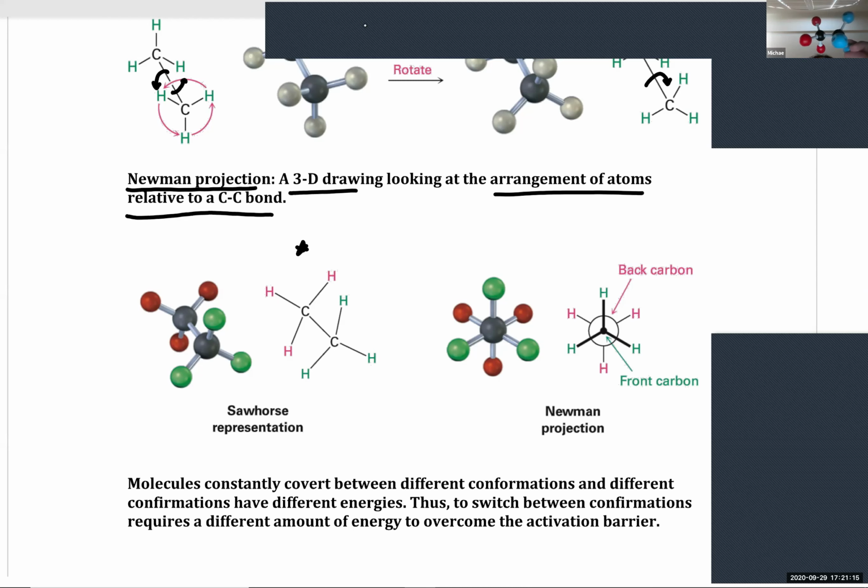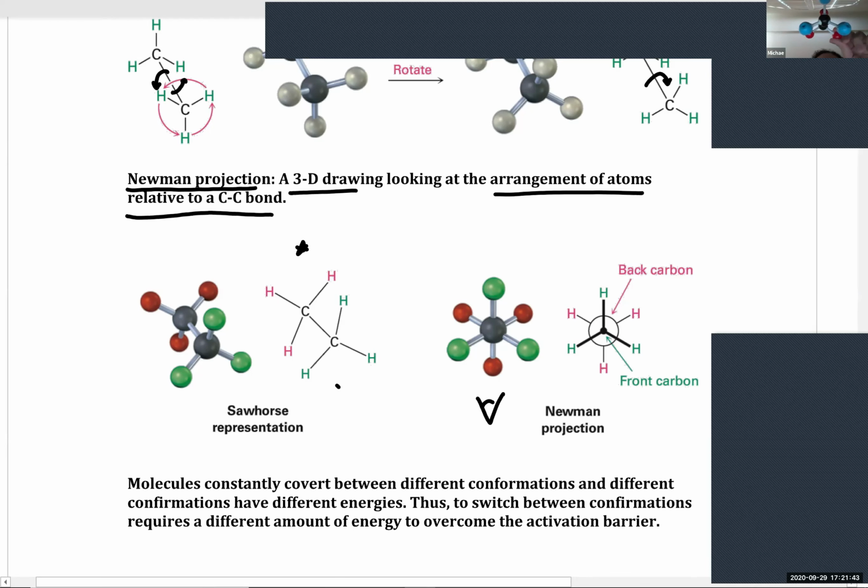and we can look at the relative arrangement of our hydrogen atoms. Now, a far more convenient method for understanding the relationship between atoms attached to each of our carbons is the Newman projection. So in the Newman projection, we are looking smack dab down a carbon-carbon bond. Does everyone see from this perspective how we are looking smack dab down our carbon-carbon bond?